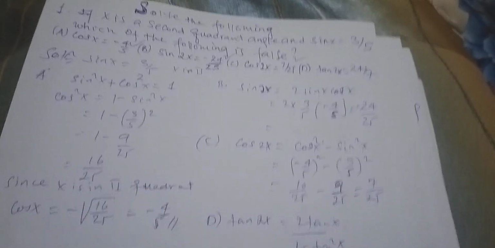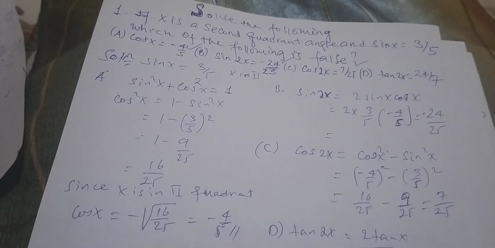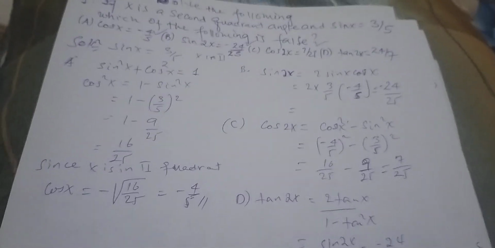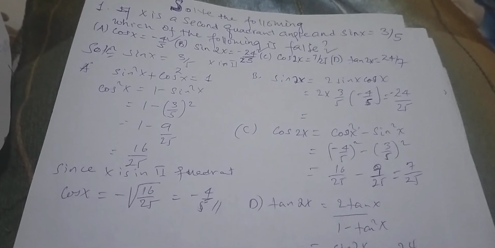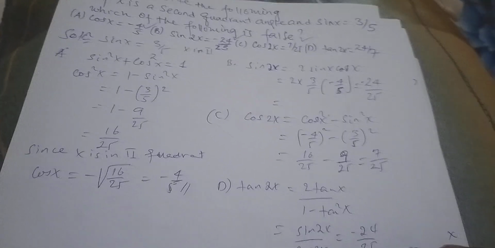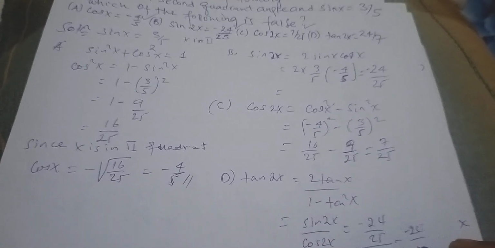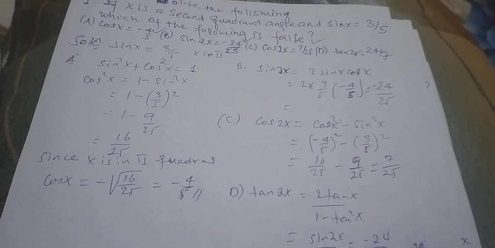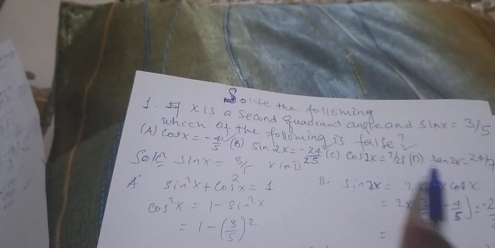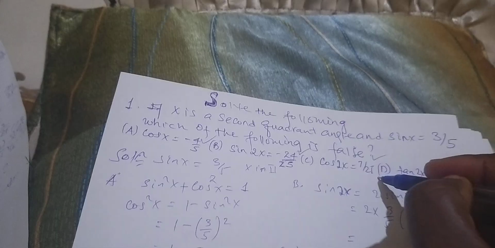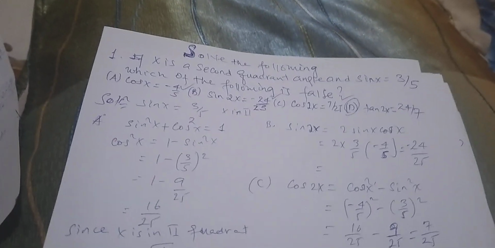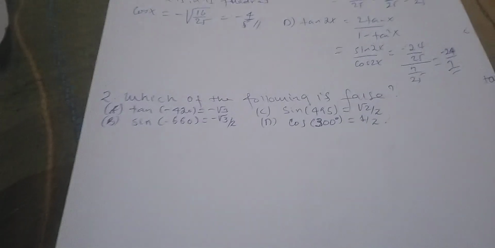Sin 2x is negative 24 over 25 and cos 2x is 7 over 25. The 25 cancels, so the result is negative 24 over 7. But choice D says it is positive 24 over 7. So this one is false. The answer is D. Go to question number 2.